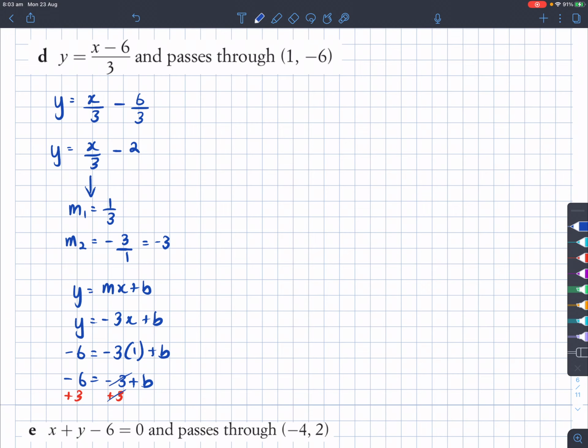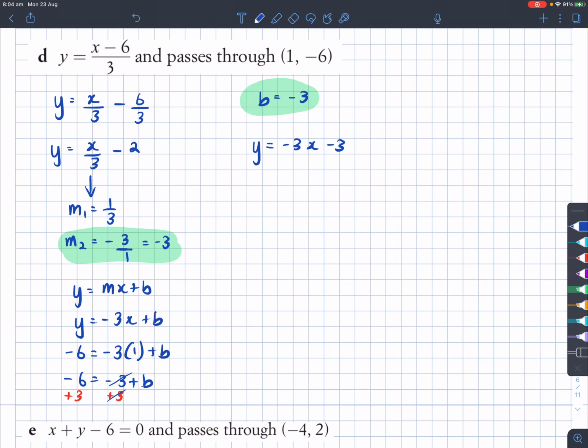So therefore, b is simply negative 6 plus 3, which is negative 3. And since b is negative 3, and the m value is negative 3, we can put that together into that equation, so that y equals negative 3x minus 3. That's our equation of our perpendicular line.